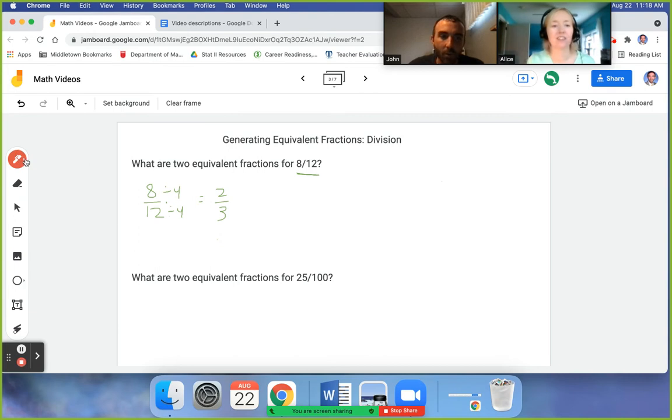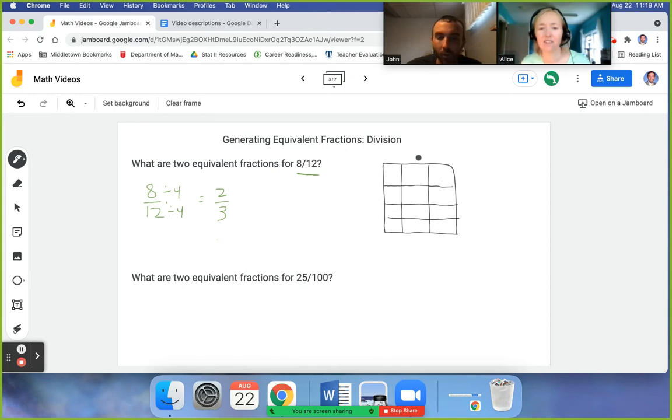If you saw our previous video on generating through multiplication, you might recall that we first did it in a very visual way with rectangles. So for something like 8 over 12, that's similar to saying if I had these 12 rectangles all the same size, although my drawing skills are not that great, so they might not all be the same size.